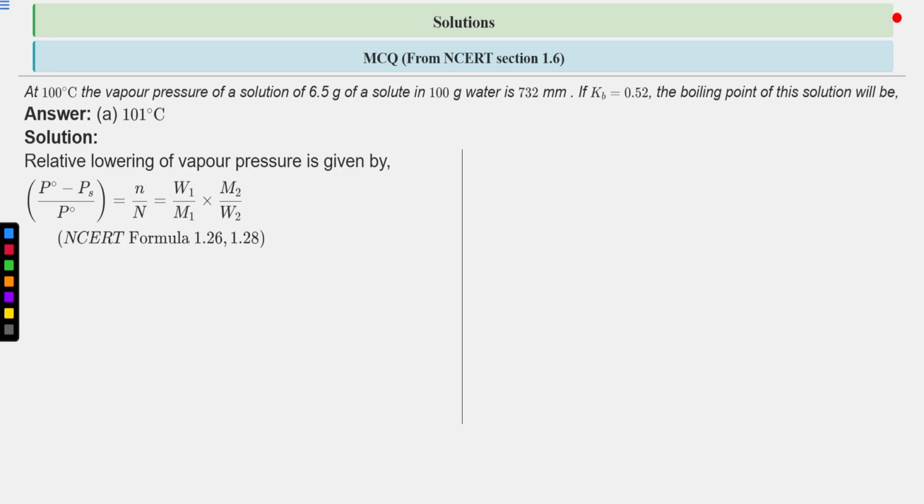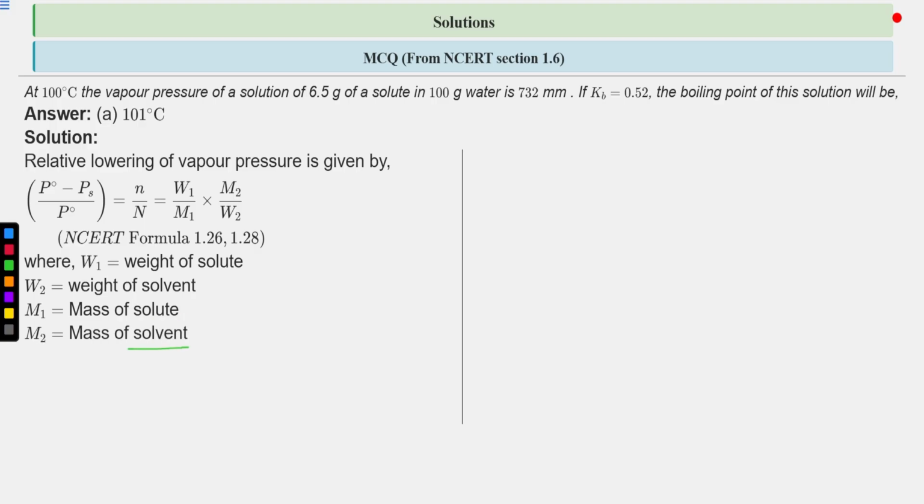P naught is the vapor pressure of the pure component, and Ps is the vapor pressure of the solution. W1 is the weight of the solute, W2 is the weight of the solvent. Similarly, M1 will be the mass of the solute and M2 will be the mass of the solvent.